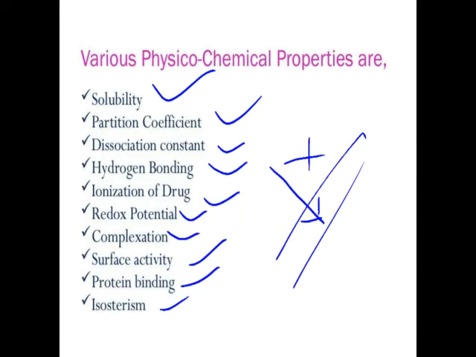But due to its hydrophilicity, it can show a better dissolution rate. In opposite, if the drug is more lipophilic, it will not undergo dissolution, but it can cross the membrane easily and it will show more activity.